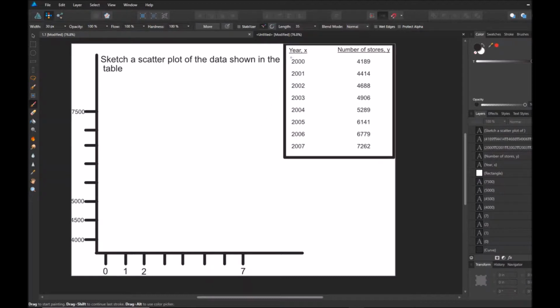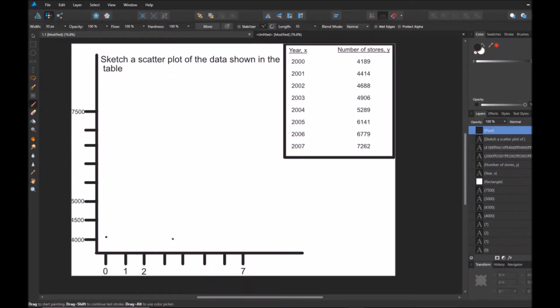So our first year is 0, 2000, and the number of stores is 4,100, so we go just past the 4,000 mark, right about there, I'd say. Maybe even a little lower, actually. Probably around there.